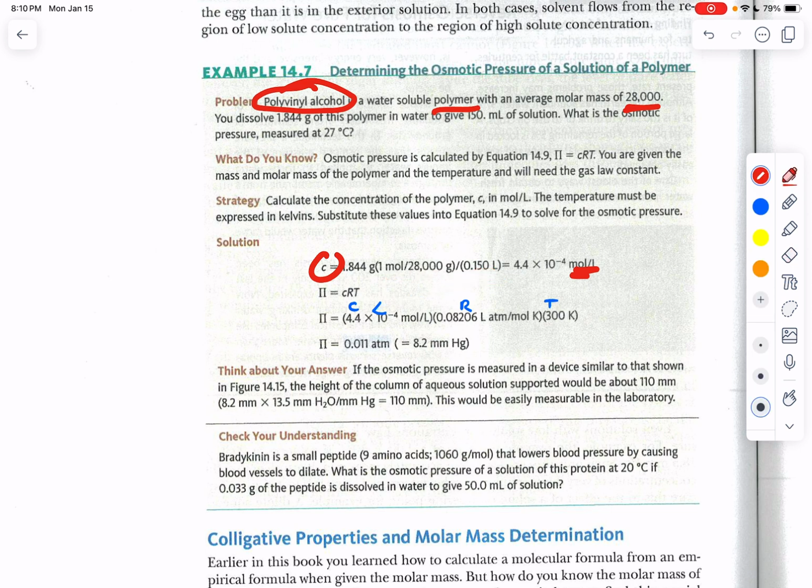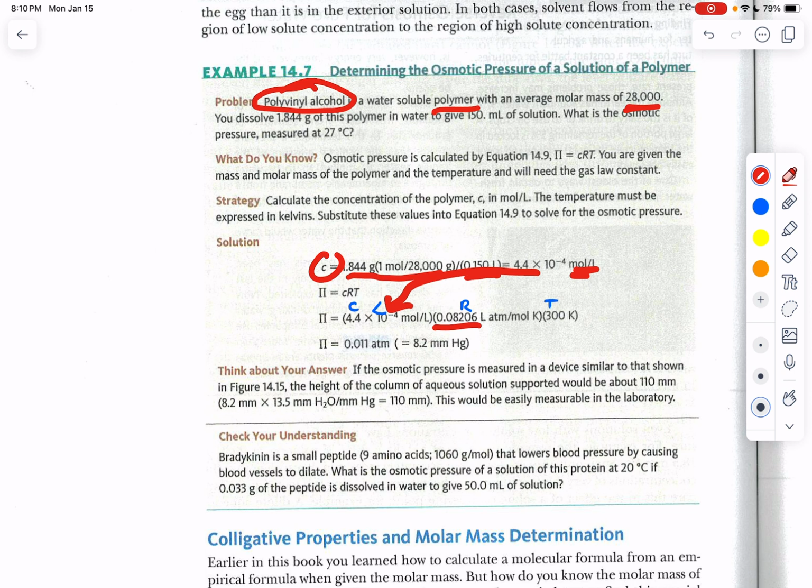Your moles are actually converting your grams into moles by dividing by the molar mass, and then you divide the number of moles by the volume in liters, and that's how you find C, the concentration. Then that number comes in here. Here's our ideal gas law constant, because evidently we want the answer to come out in millimeters of mercury.